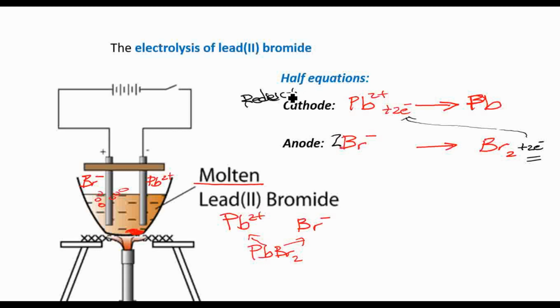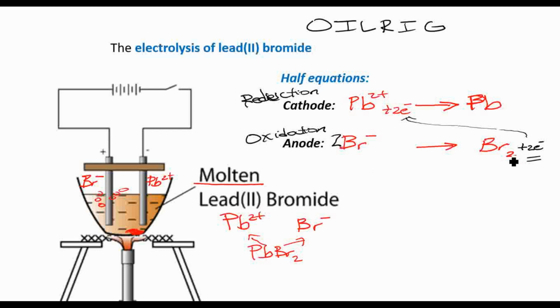And oxidation always takes place at the anode. There's a term that you could use for that, and that is OIL RIG. Oxidation is loss of electrons, reduction is gain of electrons.